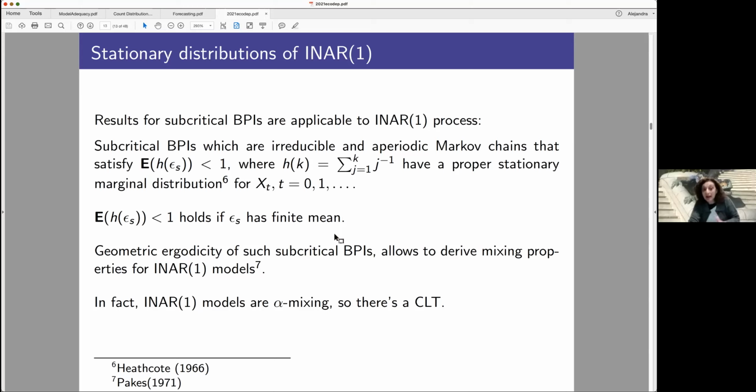This allows us to derive mixing properties for these kinds of processes. And so we have a central limit theorem because INAR(1) is an alpha mixing process. And that happens with, in fact, the INAR(p) when we grow the number of past lags.